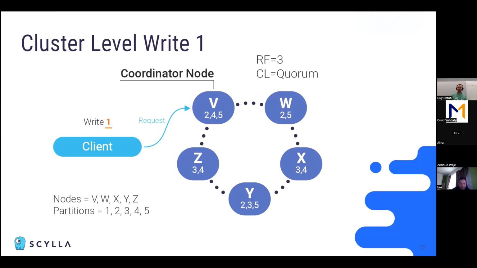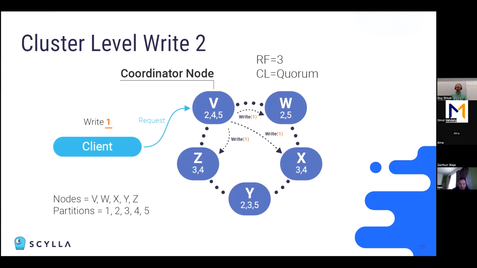In this example, we have a replication factor of 3. If you remember, that means that each piece of data is replicated 3 times to 3 different nodes. What happens under the hood is that node V runs the partitioner, the consistent hash function, on the partition key of data 1.